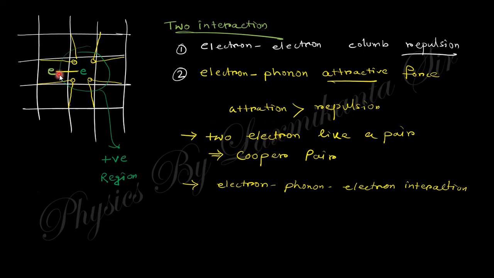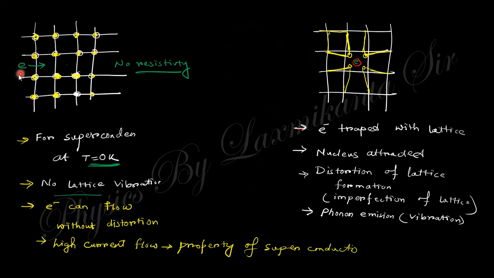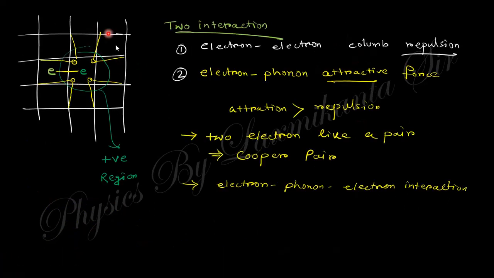That's why they make an attraction, and you can see these two electrons make a pair, and this pair is known as a Cooper pair. So what happened? The electron passes through, makes a positive region, and this phonon gives attraction to another electron. There are two interactions: electron repulsion and electron-phonon attraction. Electron-phonon attraction is higher than the electron repulsion. That's why they make a pair, known as a Cooper pair.